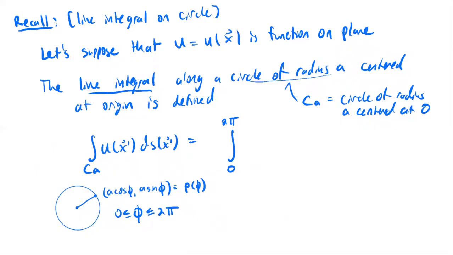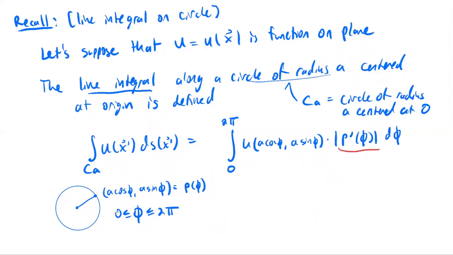Well, the line integral is given now by integrating over the range of the parametrization, where phi is ranging from 0 to 2 pi. I evaluate my function at the parametrization, so u of a cosine phi, a sine phi, and then I have to multiply it by the absolute value of the derivative of the parametrization, d phi.